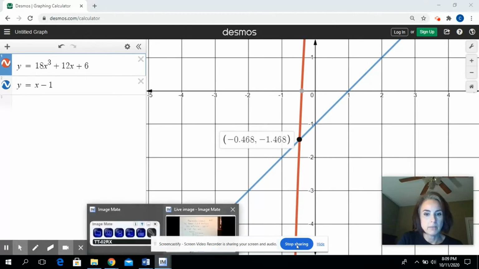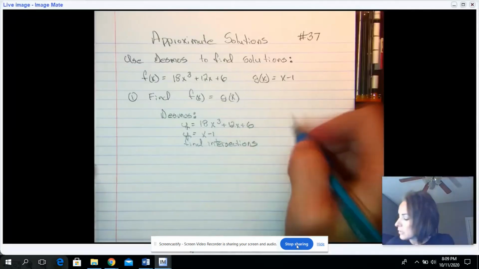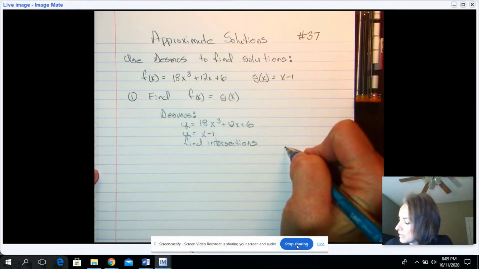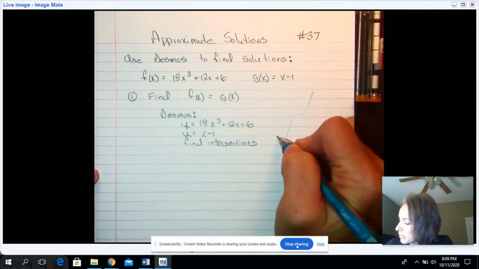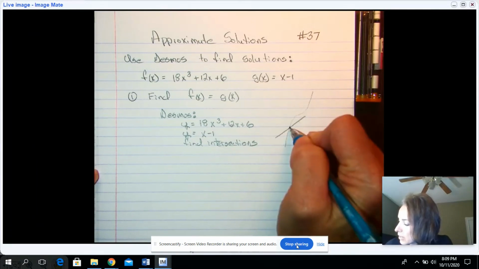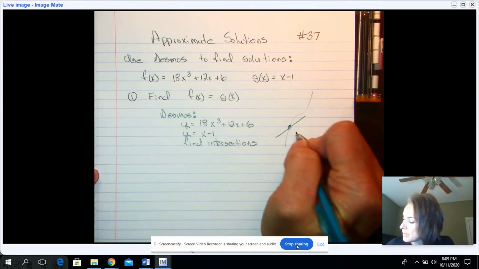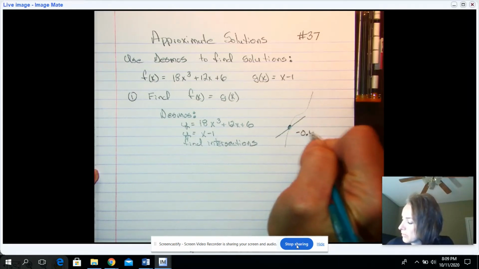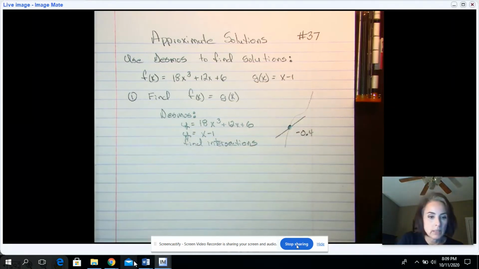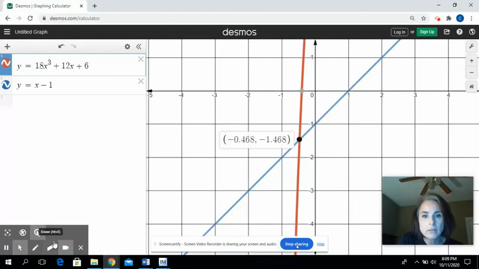Let's go back to here. All right, so you couldn't really see it much, but you had this graph, and they intersect right here, and the point was negative 0.468, and then the y was negative 1.468.